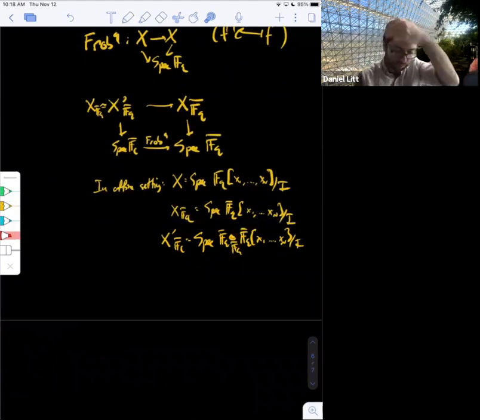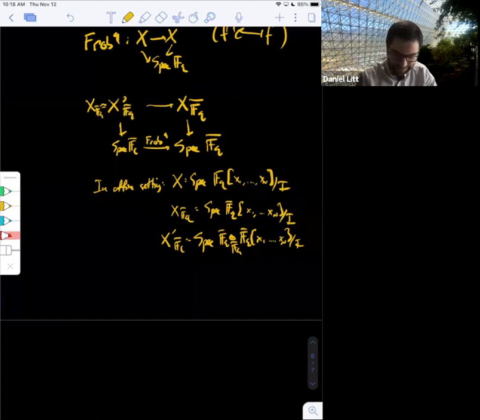So it's a different module structure, but nonetheless it's still an isomorphism. So it's enough to make an isomorphism between these two things, and there's one coming just from multiplication on FQ bar. So these two things are the same.